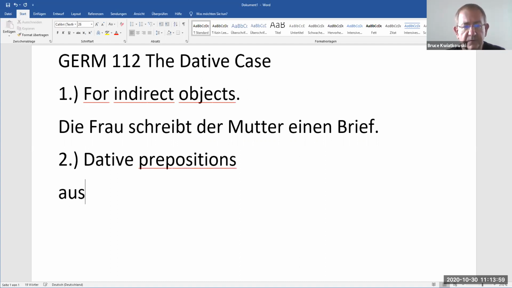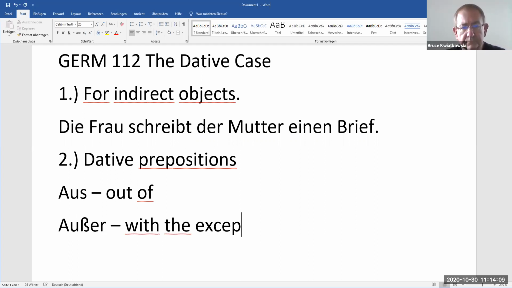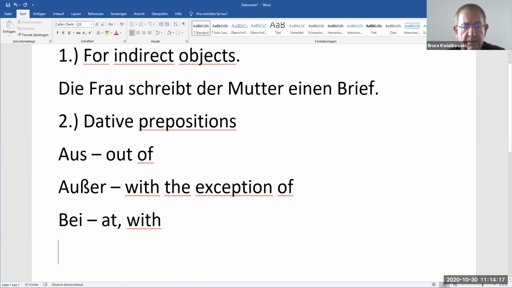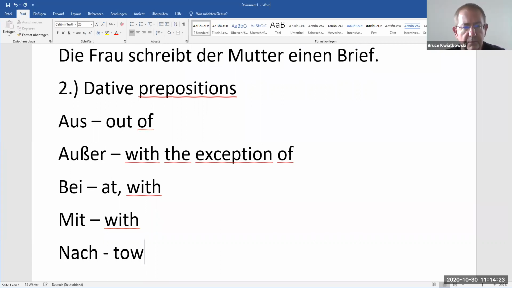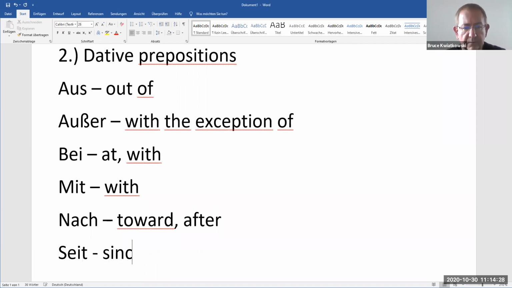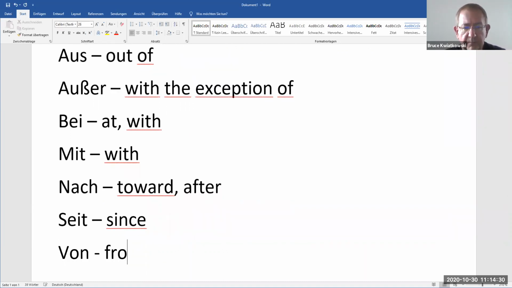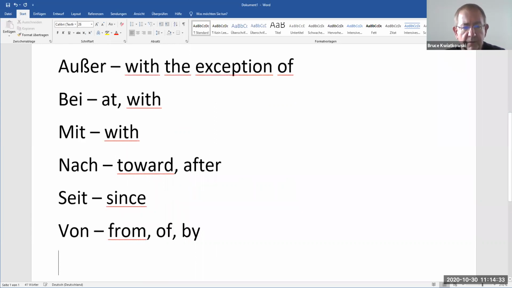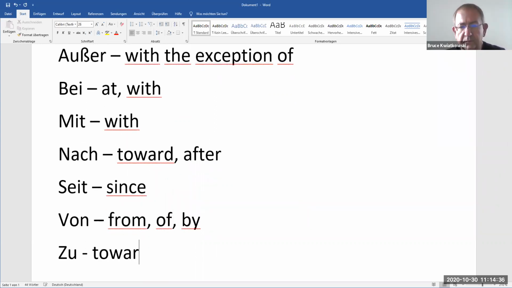And these are going to be aus, which means out of, außer, with the exception of, bei, by, at or with, mit means with, nach means toward or after, seit means since, von means from, of, by, and zu means towards.